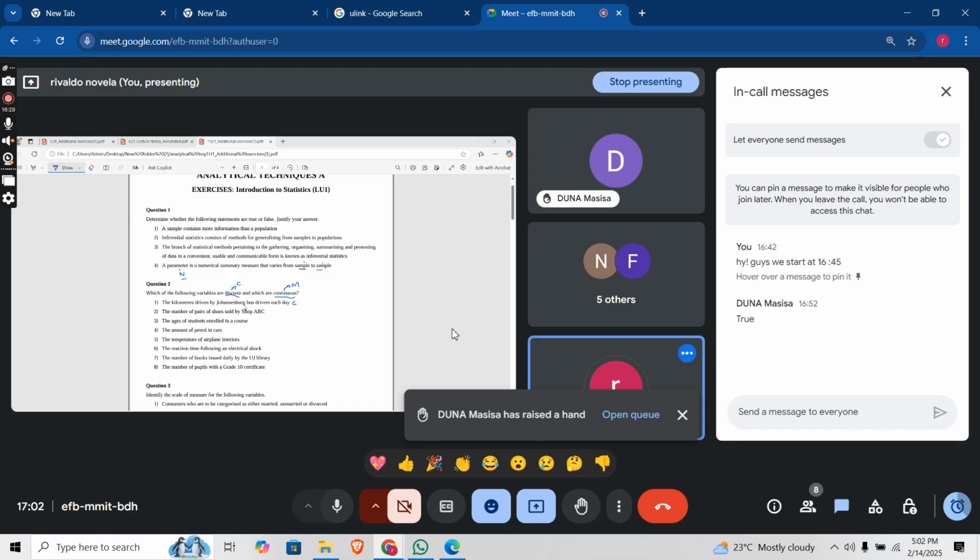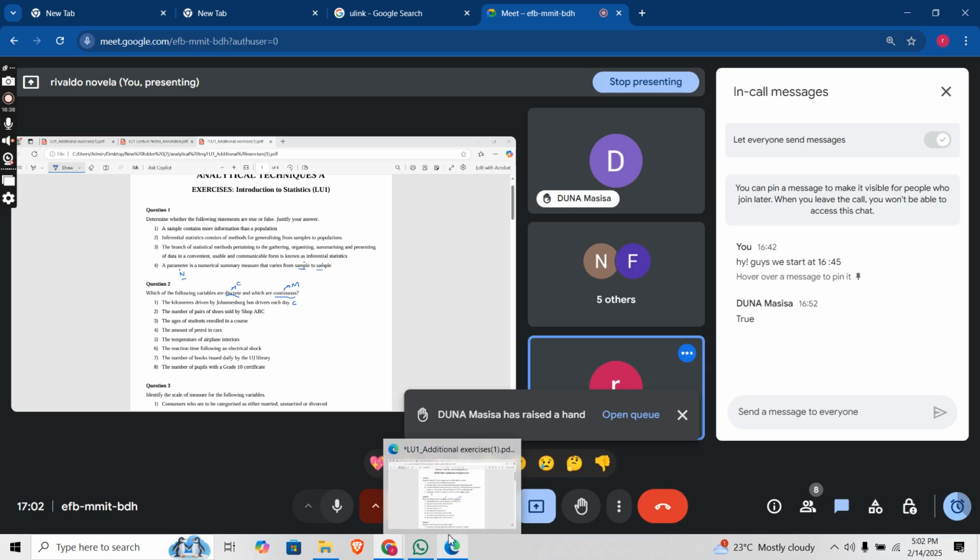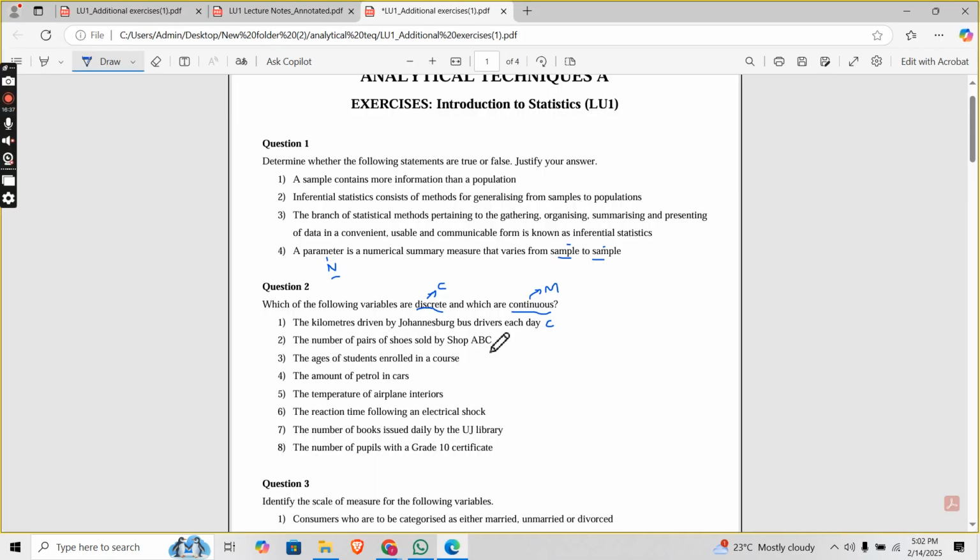It's discrete, 100%. So he said it's discrete, and the answer is 100% correct. Why? It's because we count shoes, we do not measure them. So the answer is discrete.